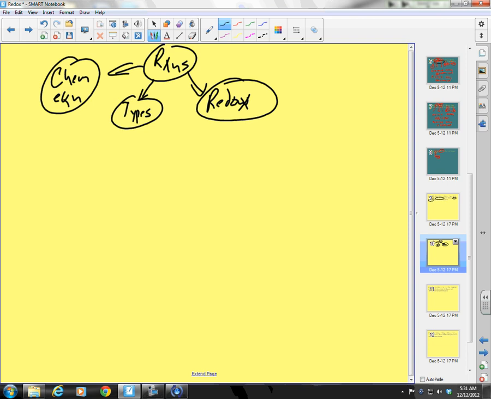And what did we learn about redox? When we looked at the definition, we said, hey, a redox reaction is a reaction in which electrons are transferred, right? So anytime we have the transfer of electrons, we have redox.